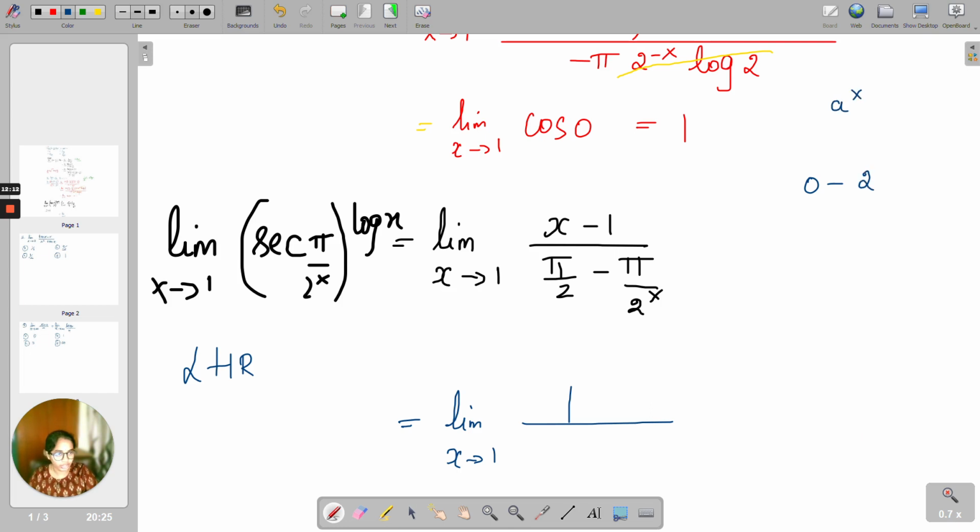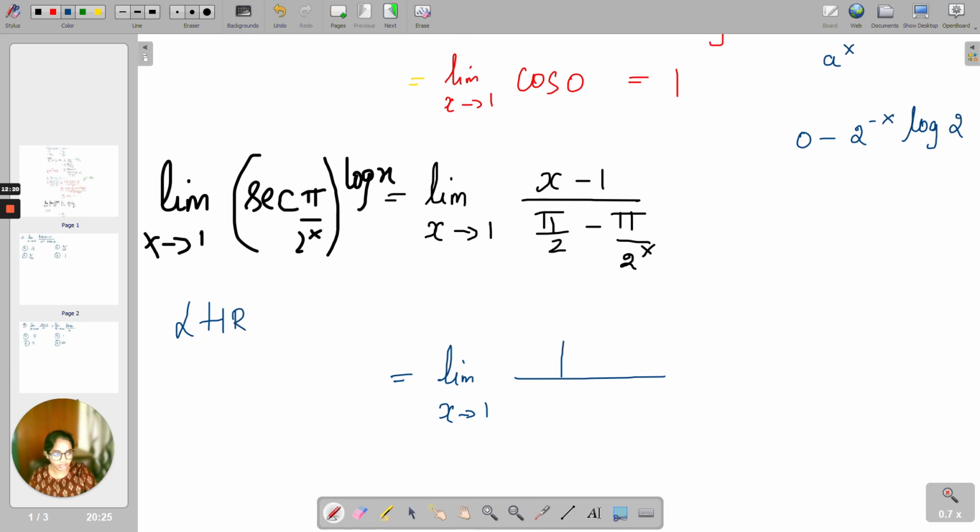Wasn't it a power x into log a, which is log 2 over here? So let me write that here. We would get minus 2 to the power minus x into log 2.